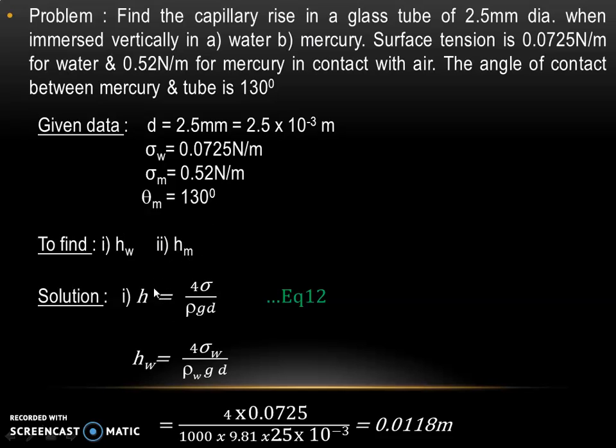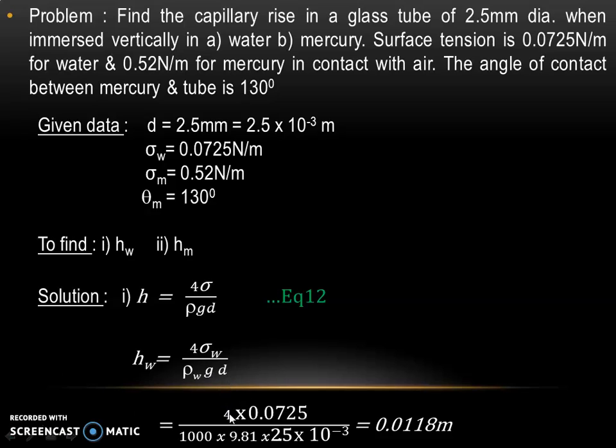For water, we have expression to find capillary rise as h is equal to 4 sigma divided by rho g d. h is written as h w as it is for water, so subscript represents the type of fluid or liquid under consideration. So h w is equal to 4 sigma w, that is surface tension for water divided by rho w, that is density of water, into g d.